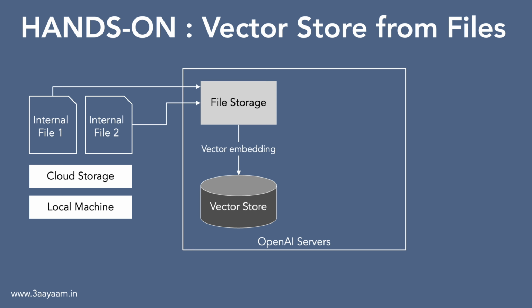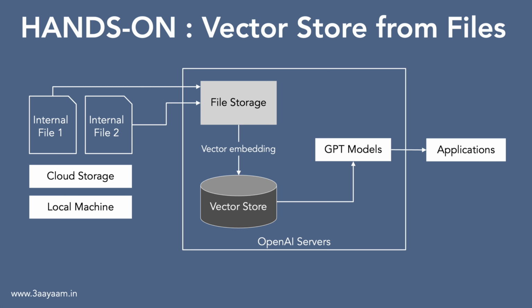After the vector store is created, we have the GPT models, and these models can use the vector store to get information about the organization, or get internal information from the files that have been uploaded to the file storage, and the applications can use the GPT models to get responses from these internal files.